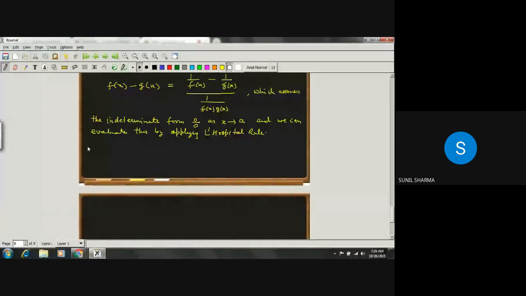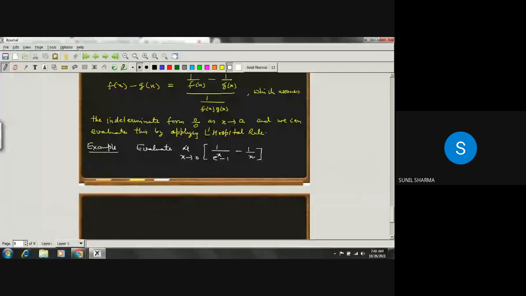For example, evaluate limit x goes to 0, 1 upon e की power x minus 1 minus 1 upon x.